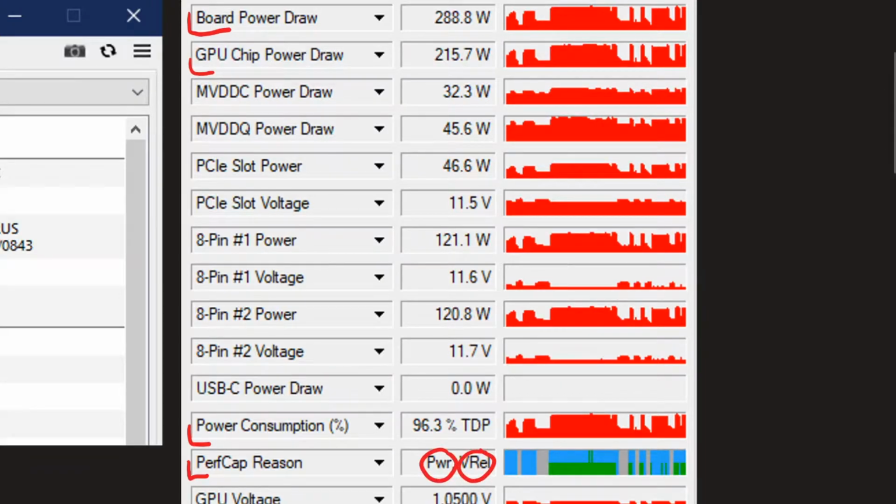VREL means it's at the maximum voltage it will go to, which is this. Like the card at stock won't run a higher voltage than this. And it hits the power limit. The power limit, that's the important part, is why it won't boost clock higher.